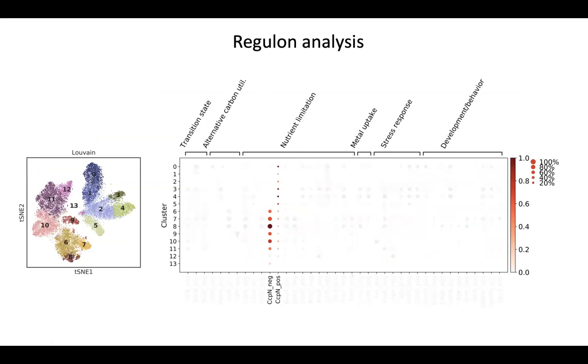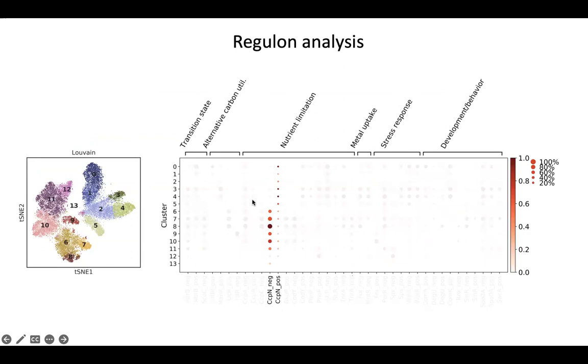As a suggestion, we can look at a regulator of interest, for example, this carbon catabolite repressor. And we can see that the early clusters, where the numbers are more or less representative of the growth stage, with some exceptions, right?